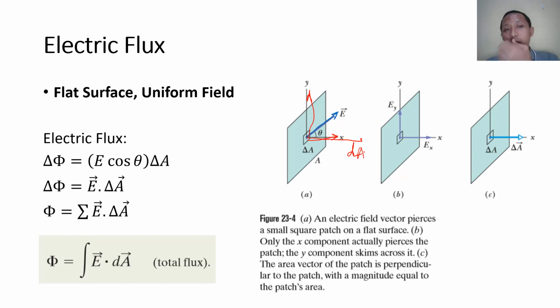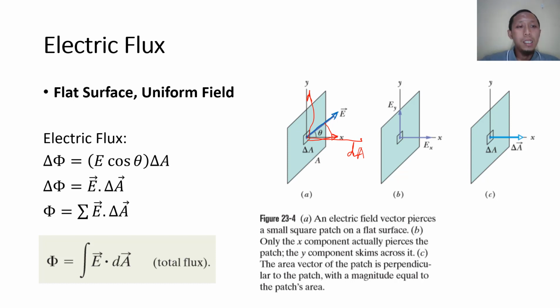So how do we calculate electric flux? We have to measure the angle between the electric field and the vector of the surface like this one. You remember that I explained before, this is the angle between the electric field and the surface.